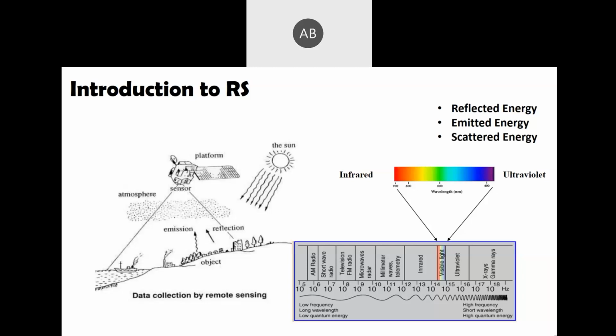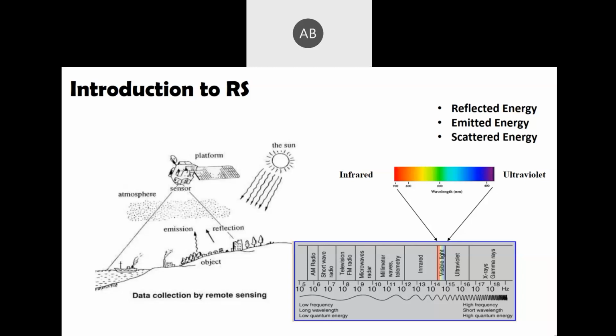Remote sensing will be an entirely different branch of science if you are focusing on the 400 to 700 nanometer range. Then these sensors are also designed to capture information in the infrared region, that is infrared remote sensing, and microwave regions are also exploited by the sensors in their design.